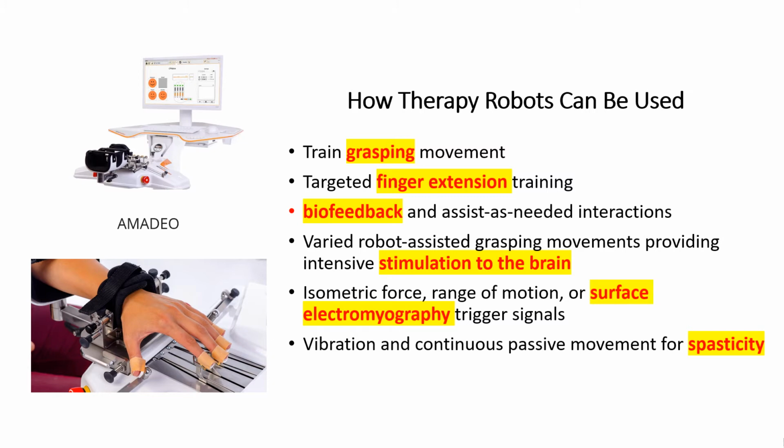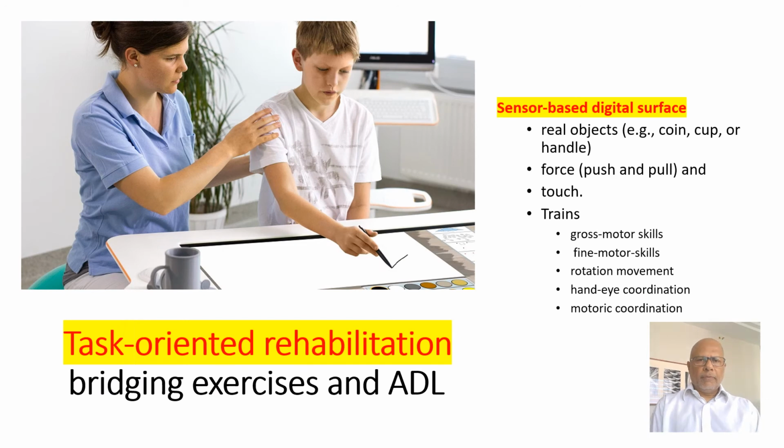One of the basic principles of rehabilitation, especially for the muscular system, is task-oriented rehabilitation. The whole purpose of the movement of that limb is to conduct a particular motor task, and if that is incorporated into the rehabilitation program, it brings a better outcome, especially in terms of activities of daily living.